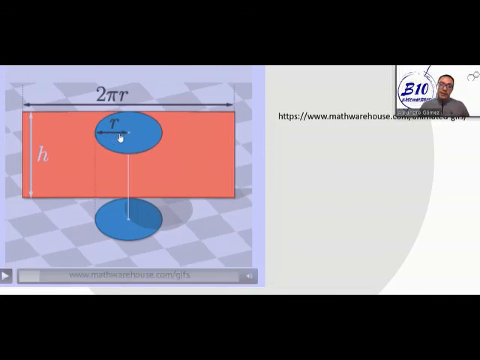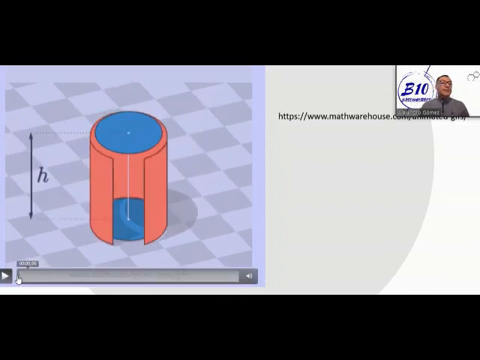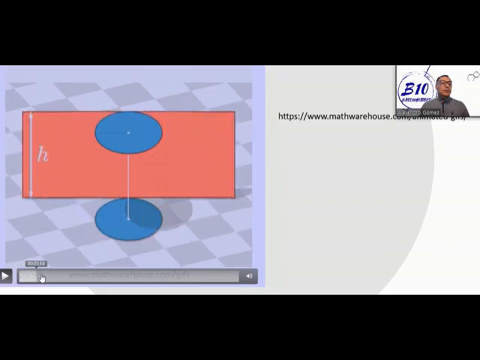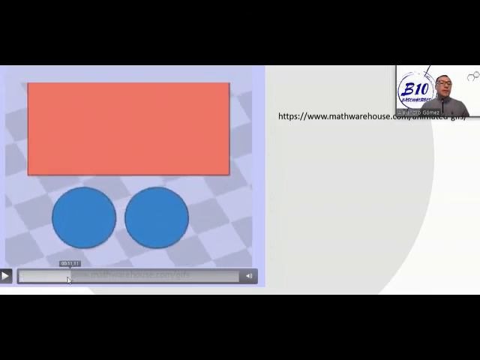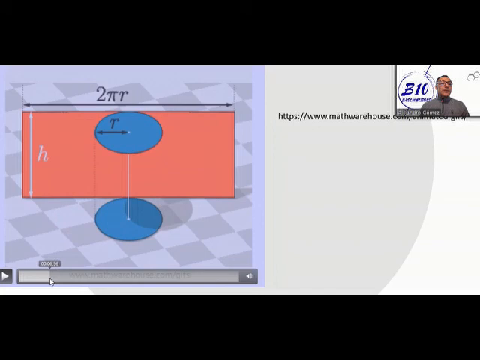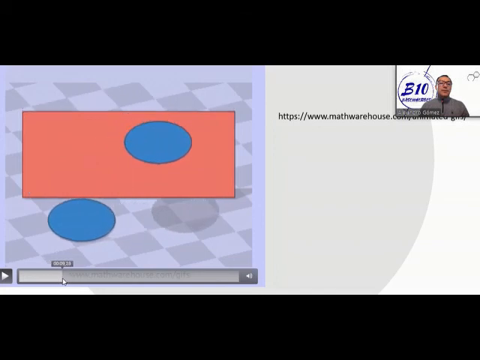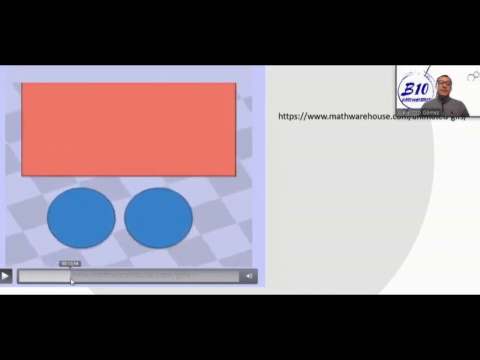Then the formula 2 times pi times radius is the width of our rectangle, the rectangle which is the curved face of our cylinder. And what about the top face and the bottom face?